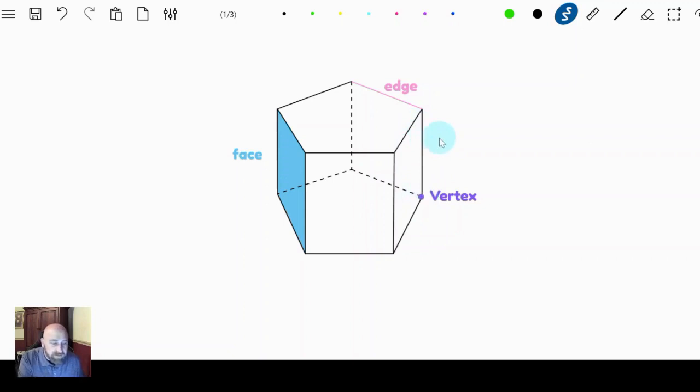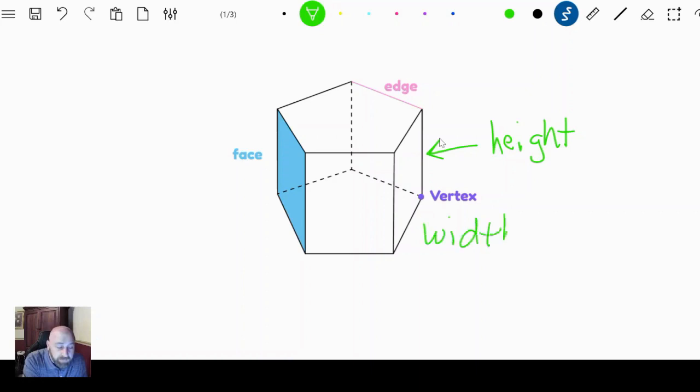Let me see if I can write on this so that you can see it. This right here, this line, it comes down, and let's call this the height of the shape, okay? And then you have another face coming down this way. We could call that the width of the shape.